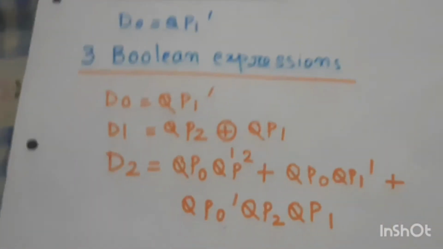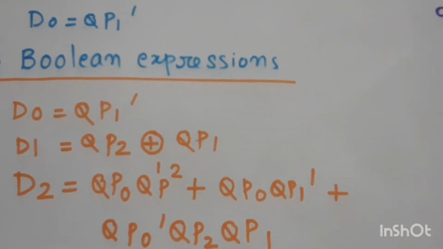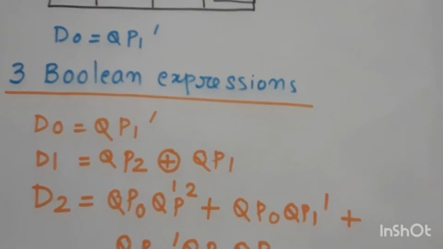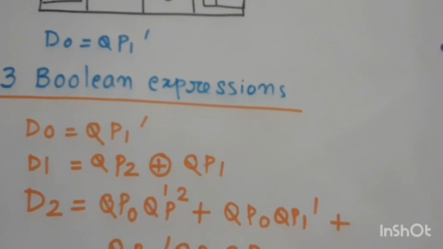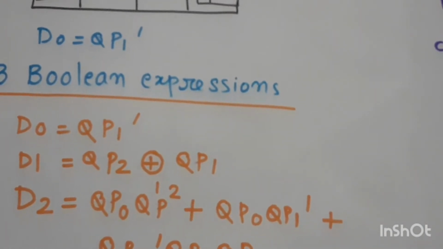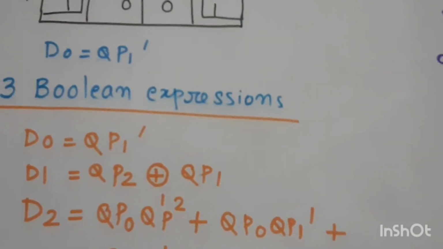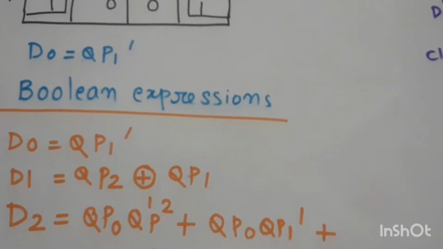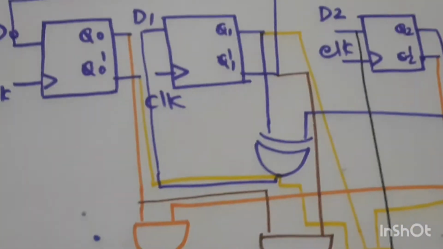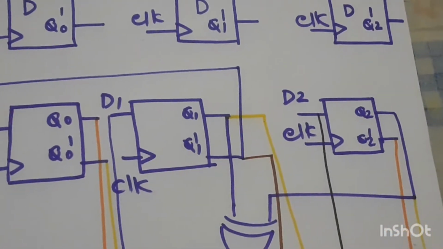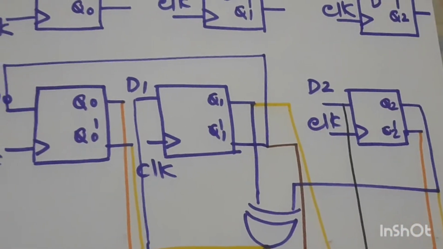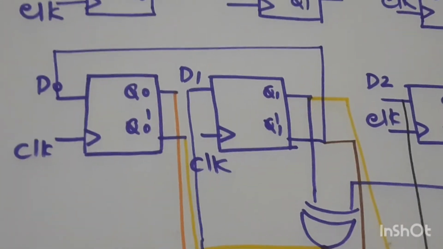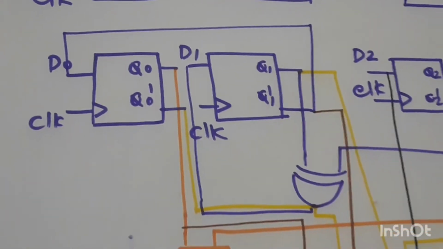Now for D0 you can see it is QP1 bar, means Q1 of the second flip-flop, present state Q1 bar. Here you can see that is Q1 bar. Q1 bar is being fed to D0. Can you see that?